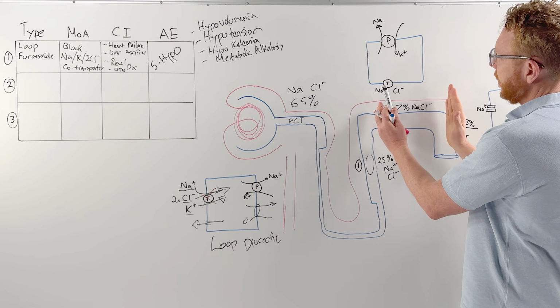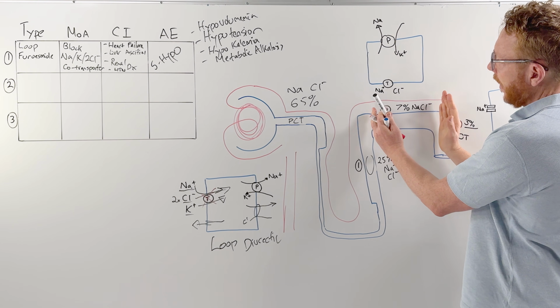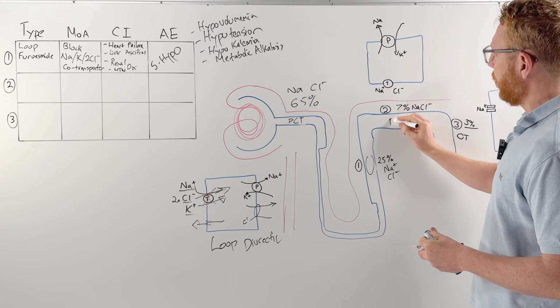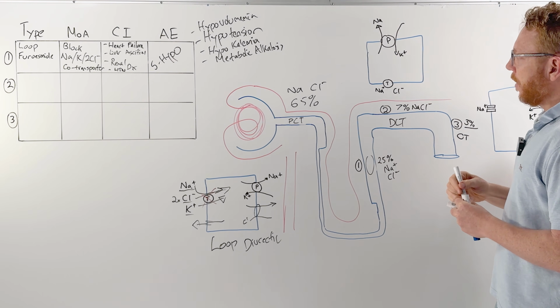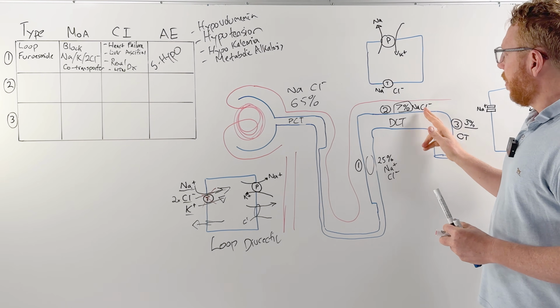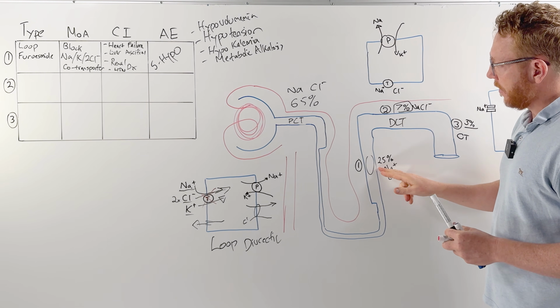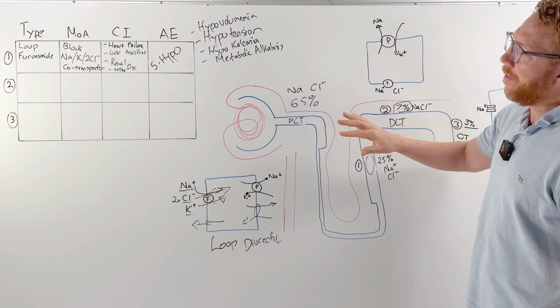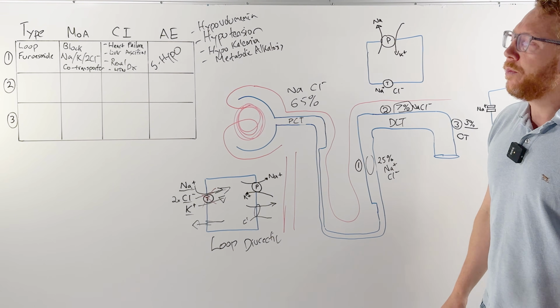Moving on, we go to the second location where our diuretic is going to work. This is going to be in the distal convoluted tubule. Here we generally will reabsorb only 7% of our sodium chloride, which is a lot less than 25%. So this is going to be less powerful diuretics when compared to the loop diuretics.